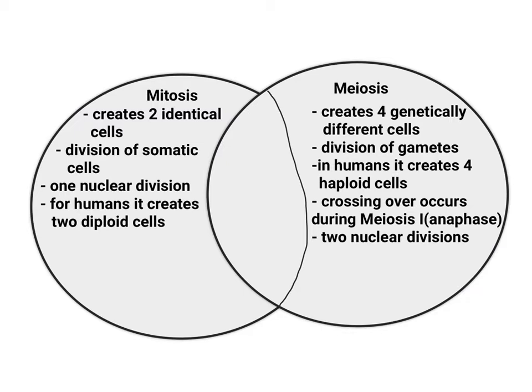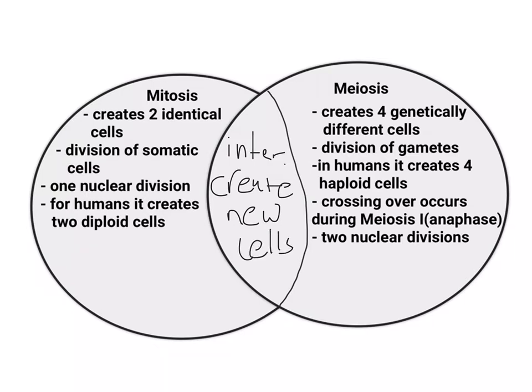So what can we say for the similarities? We can say that both of them have interphase that precedes them, because remember, DNA has to be replicated. I'm just going to abbreviate that. Both of them create new cells.